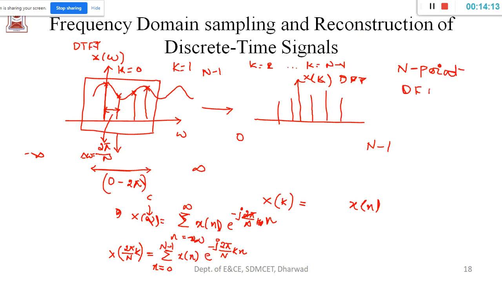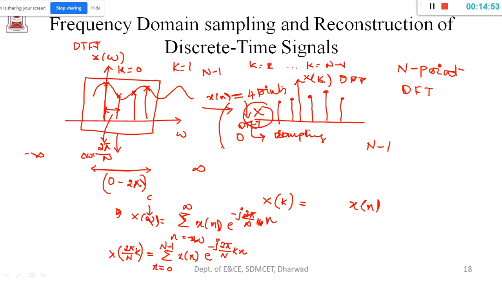Once again, when I say N point DFT, here onwards we will be using this word more and more often. What do you mean by N point DFT? Those many DFT points, those many discrete samples you need, that is the meaning. If the x of n sequence has 4 points, instead of going for the DTFT, I should go for sampling this sequence.